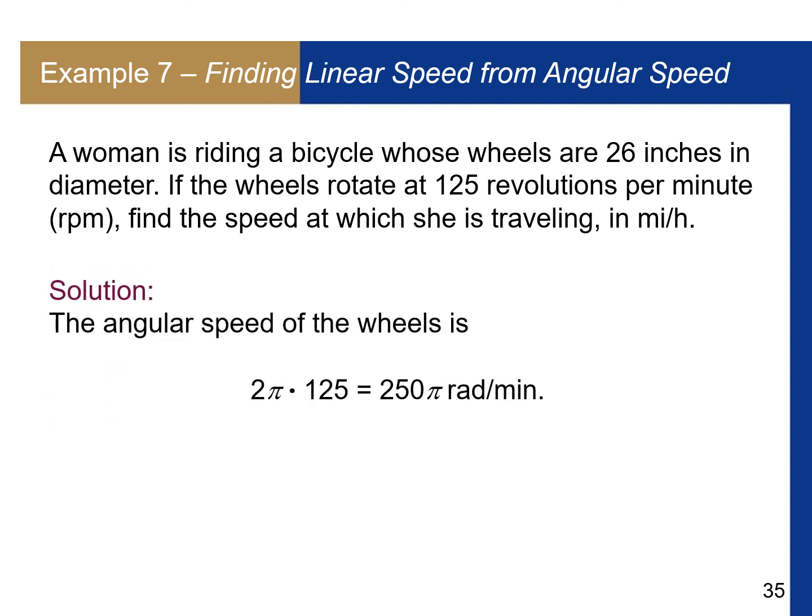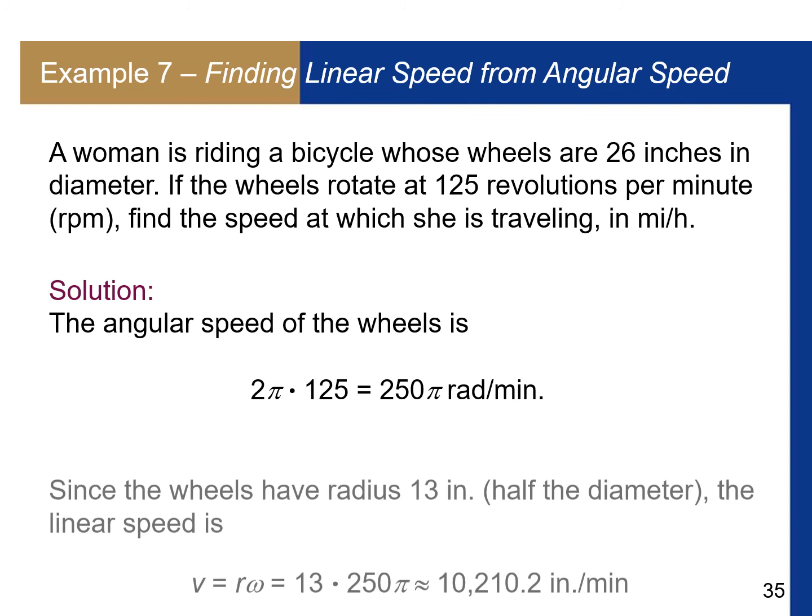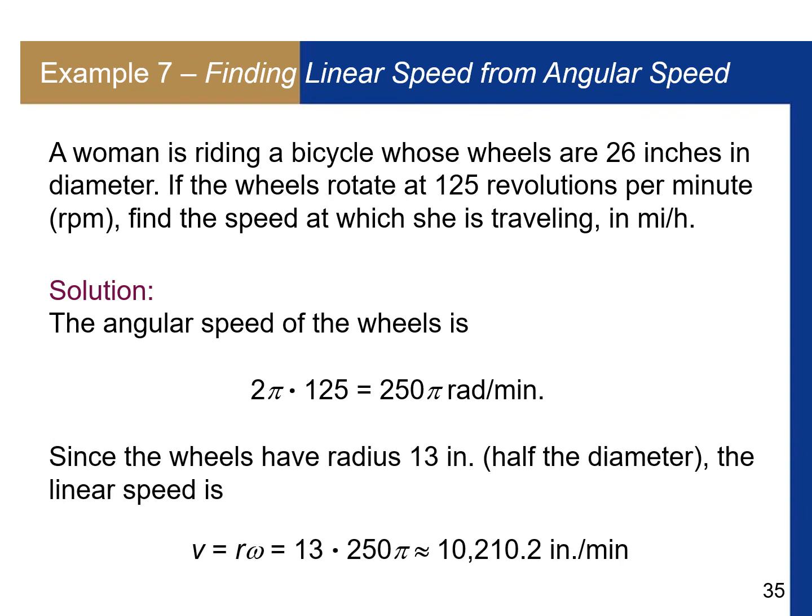We're going to take 2 pi times 125 revolutions, so that'll be 250 pi radians per minute. Since the wheel has a radius of 13 inches, half the diameter, the linear speed would be 13 times 250 pi, which is 10,210.2 inches per minute.